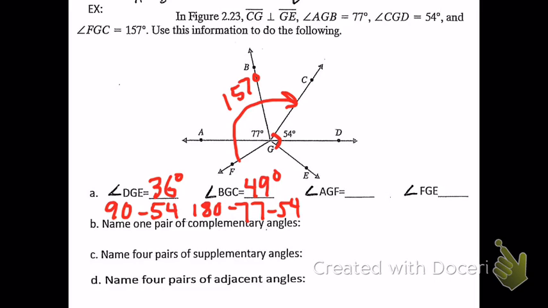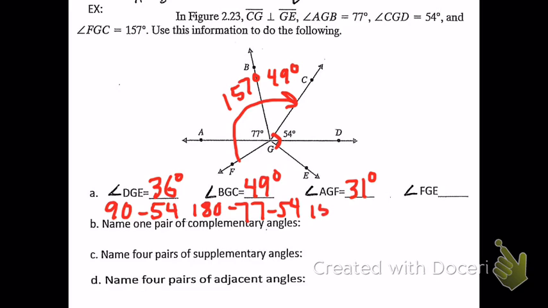AGF. Okay, so we have this as 49. What's AGF? And how would I find that? 31, because up there it says that FGC is 157, and since you already have AGB and BGC, you can subtract those.